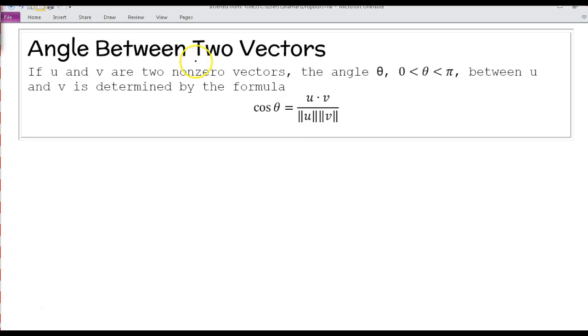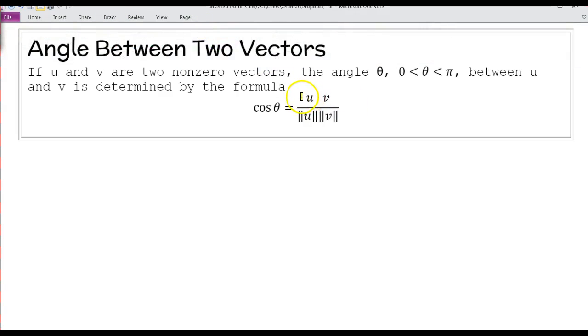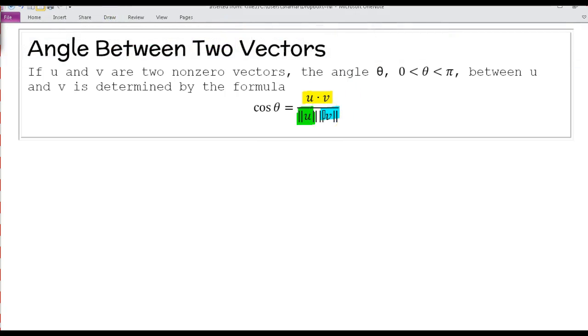Alright, so when we're finding the angle between vectors, we've got three things that we need to find. We need to find the dot product, and we need to find the magnitude of one of the vectors, and we need to find the magnitude of the other vector.